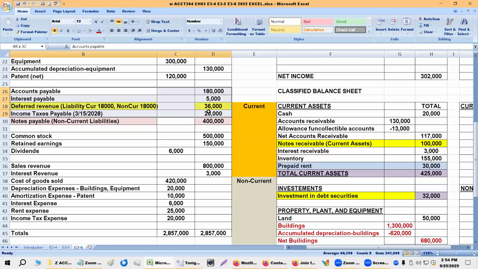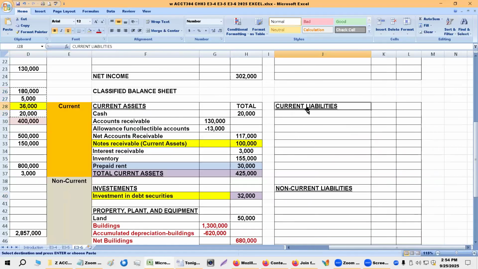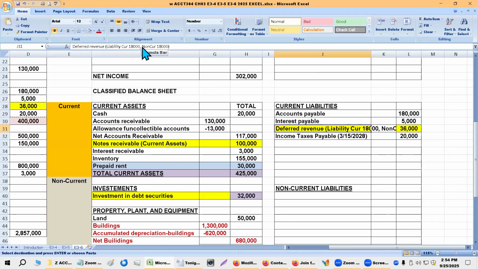Actually, we just copy the whole thing or just change the line. I'm going to teach you guys how to be lazy, like me. All those get copied over. We have to do a little bit of an adjustment here. Oops, current. So this will be the current portion.